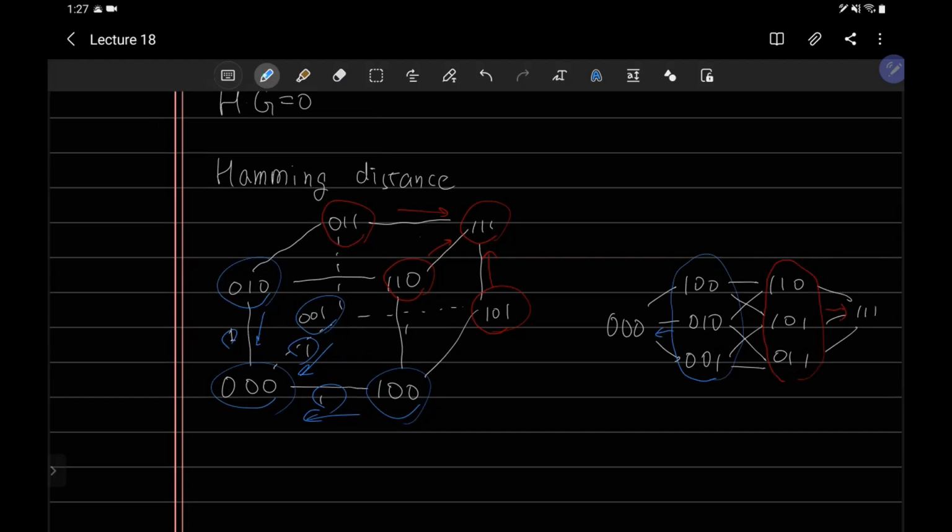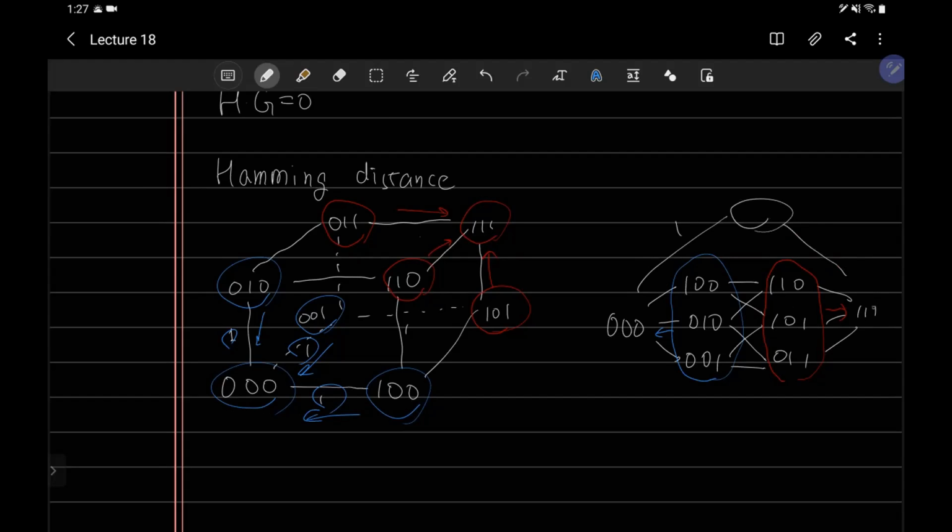But there is still one more thing we have to consider, because here these are all the possible combinations, so there are no other cases. But let's say that from this kind of diagram, there might be some other code words which might be reached from 000 by only a distance of 1.